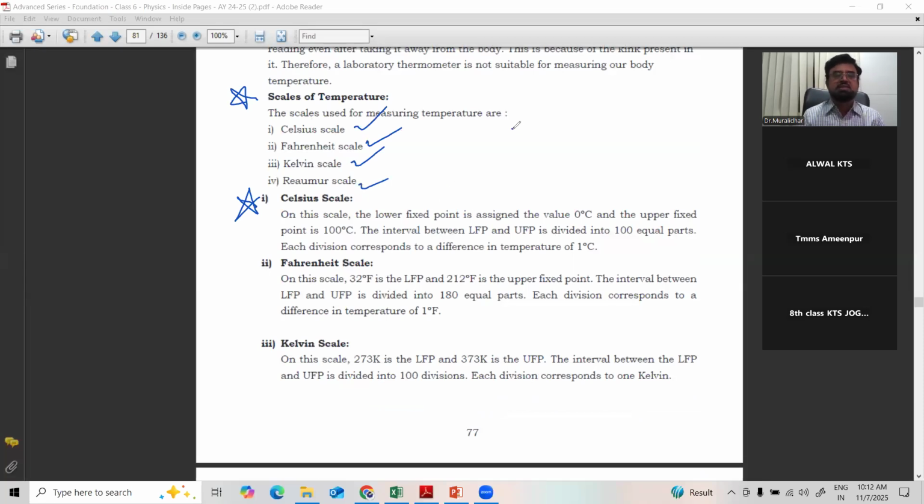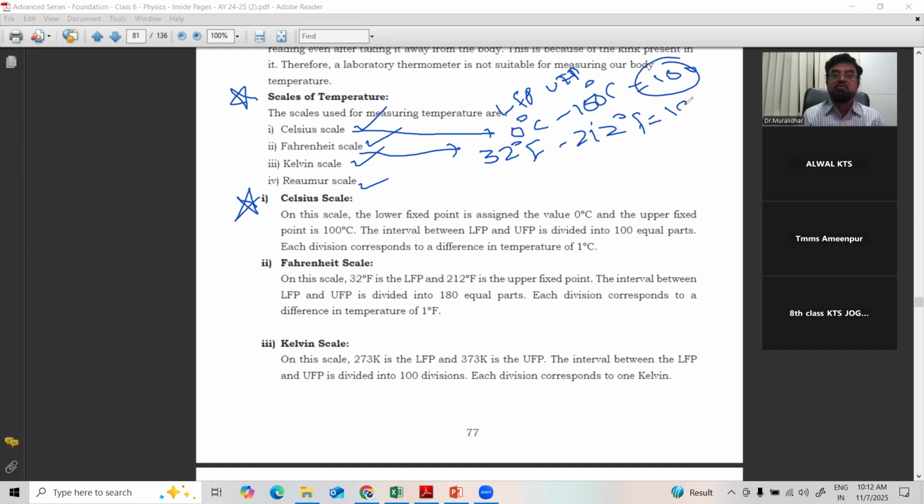In the case of the Celsius scale, it starts from 0 degrees to 100 degrees Celsius. Lower fixed point is 0, upper fixed point is 100. In the case of Fahrenheit, it starts from 32 degrees Fahrenheit to 212 degrees Fahrenheit. Here the total is 180 divisions. 212 minus 32, 180.